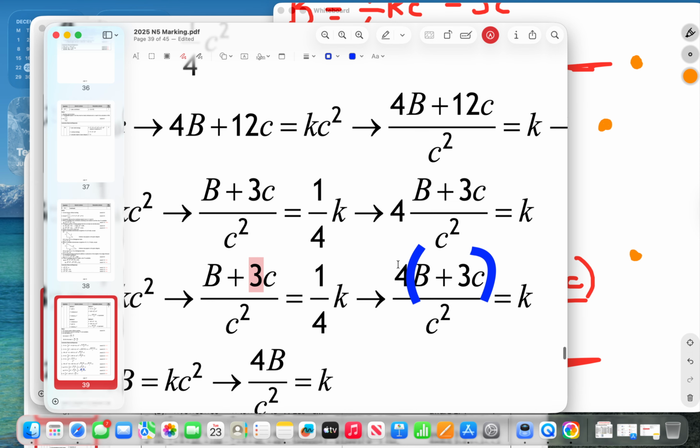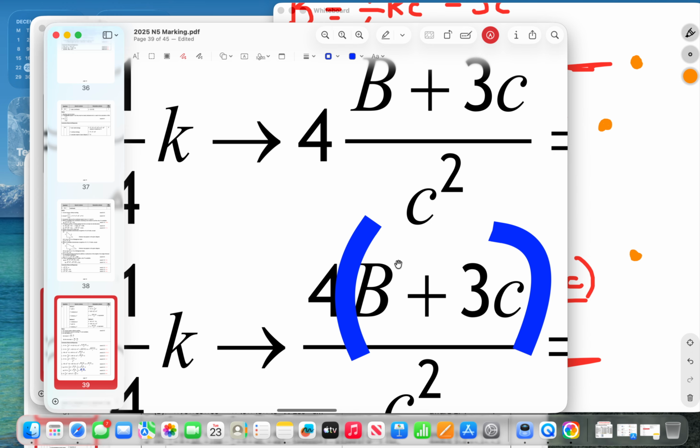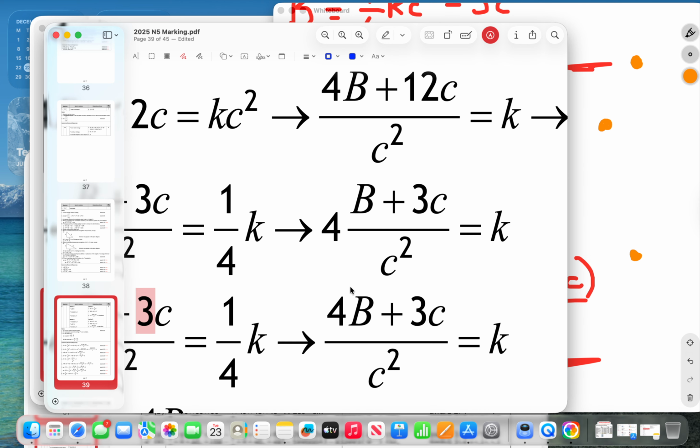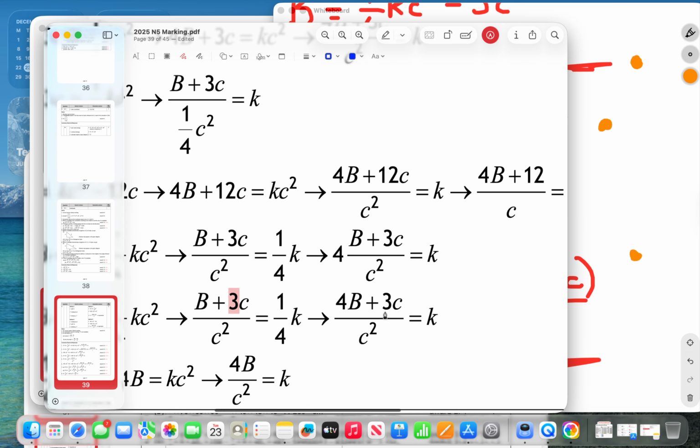So the numerator of this is 4b plus 12c. Many pupils wrote 4b plus 3c instead of 4b plus 12c. So brackets are important.